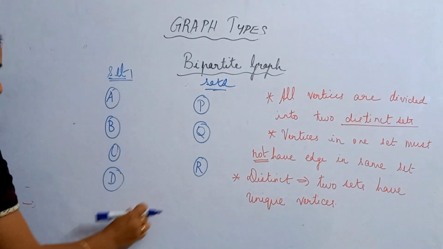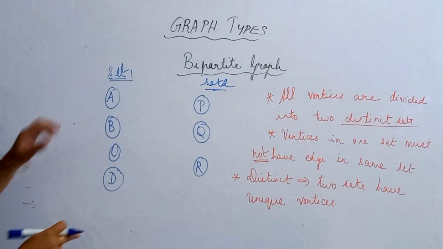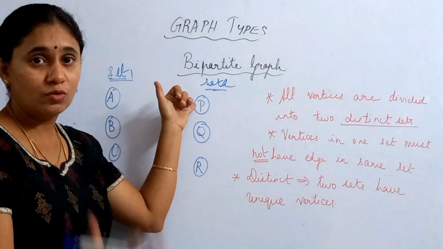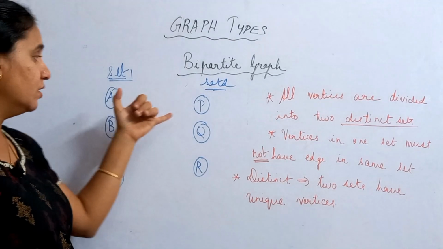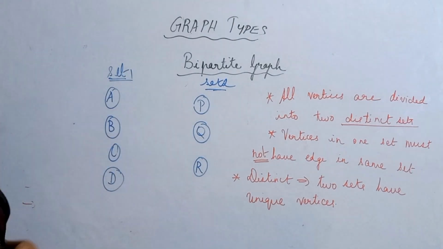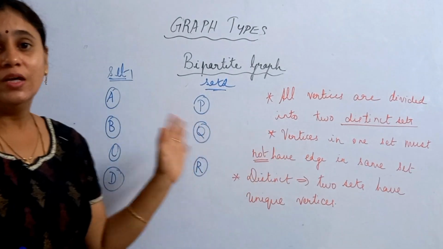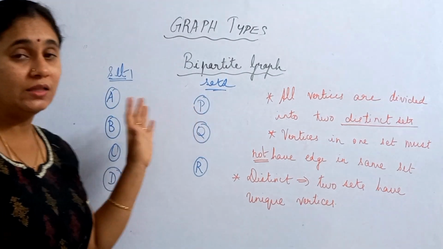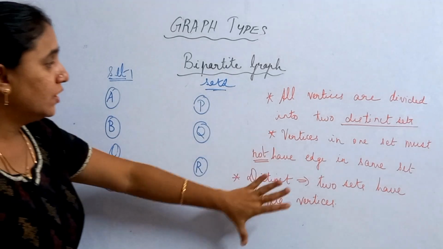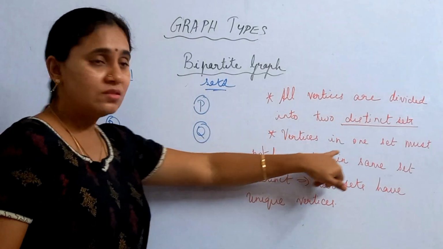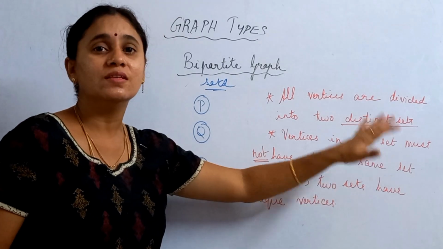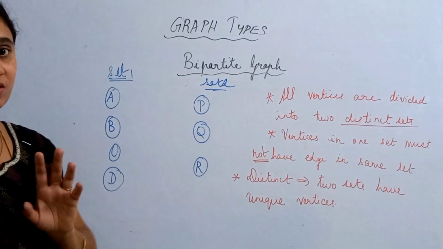So in this set we have different vertices, A, B, C and D. Here we have another set of vertices, P, Q and R. Now the next step is we are going to connect these two sets, with the condition that the vertices in one set must not have edges in the same set. So this is the condition.